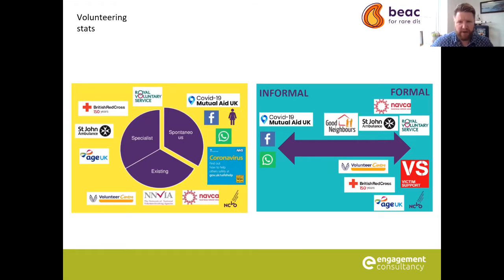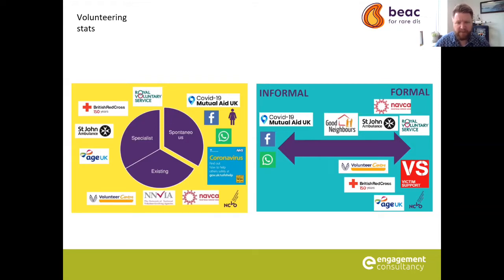So in this first slide, you'll see the existing specialist and spontaneous types of volunteering, with traditional methods such as engaging through volunteering centres to specialist roles in NHS volunteering schemes like the Royal Voluntary Service, and the spontaneous volunteering that's come through grassroots local schemes such as community volunteering.